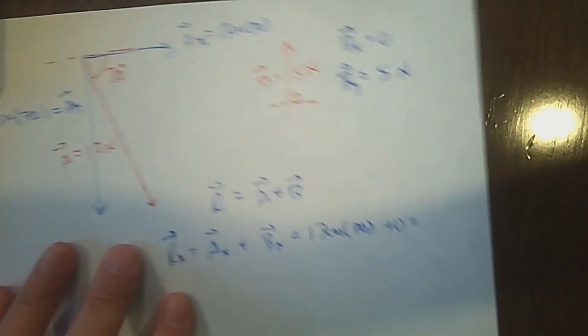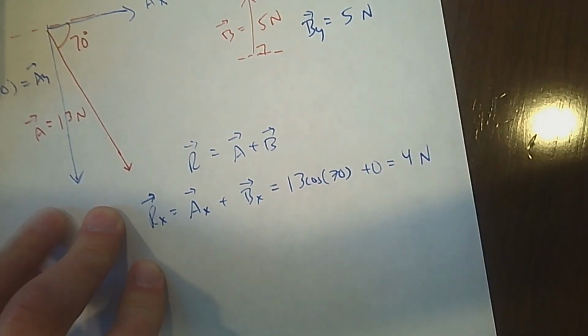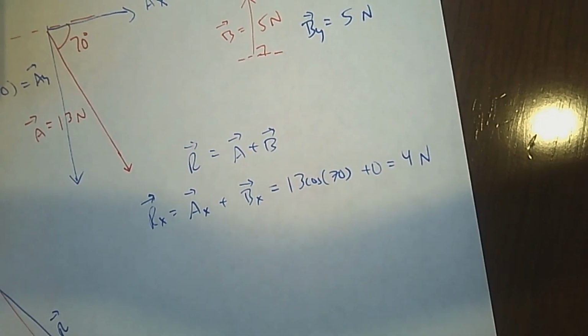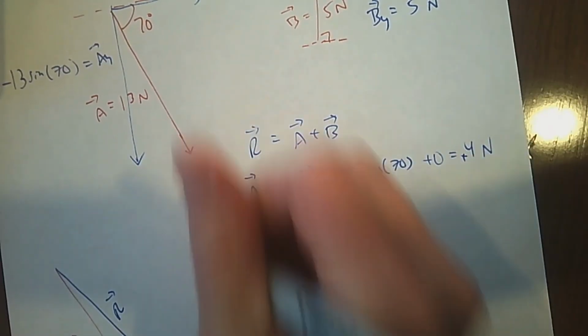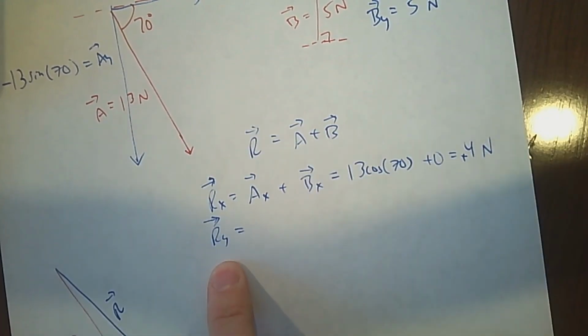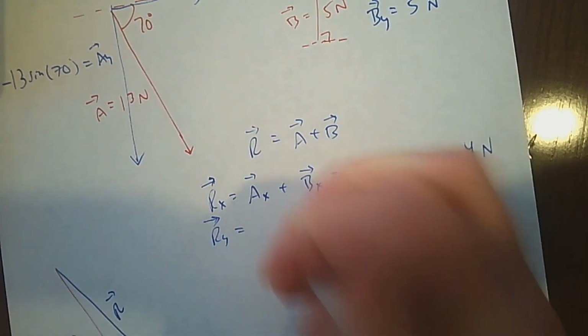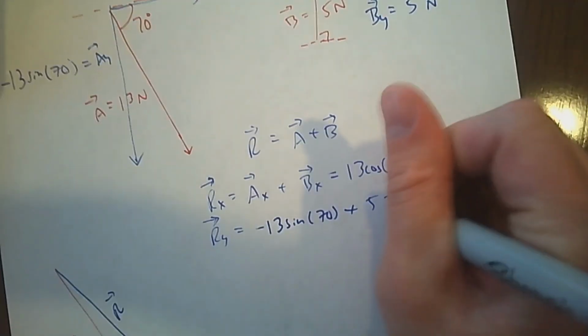So 4 newtons is my x component, and that would be in the positive direction. Now the y component is going to be 5. Oh, sorry, AY. So we'll start with this one: negative 13 sine 70 plus 5.